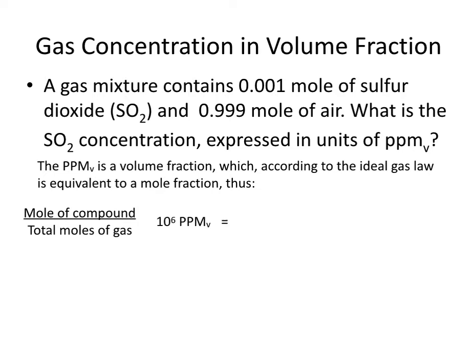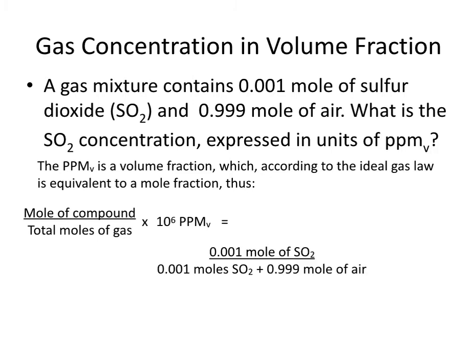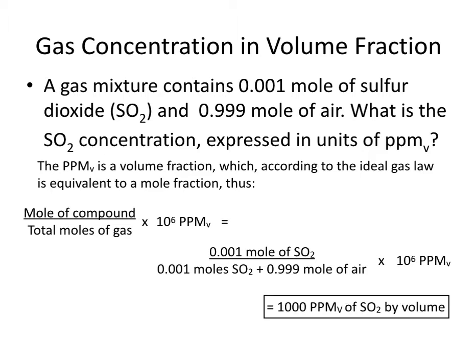We multiply that times 10 to the 6, and in this case we have 0.001 moles of sulfur dioxide over the total number of moles, which is 0.001 moles of sulfur dioxide plus the 0.999 moles of air. We multiply that by 10 to the 6 to give us the value in parts per million, and we find that there are 1,000 parts per million by volume of SO2 in this example.